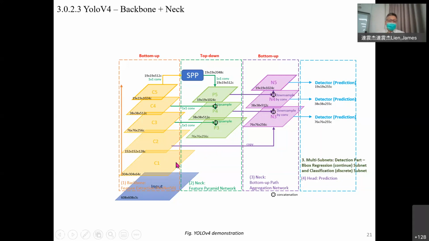Because if you extract the data from here, you have more data, more parameters, and sometimes your GPU cannot run it. So if you have a powerful GPU, you can shortcut from here. You can keep more information.